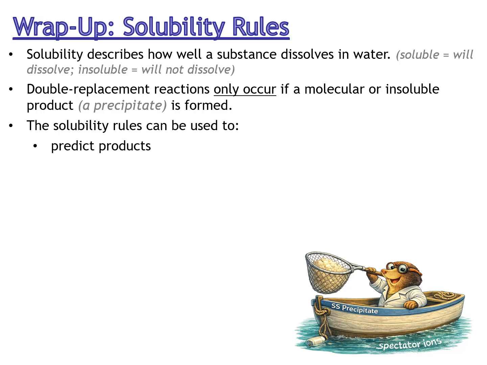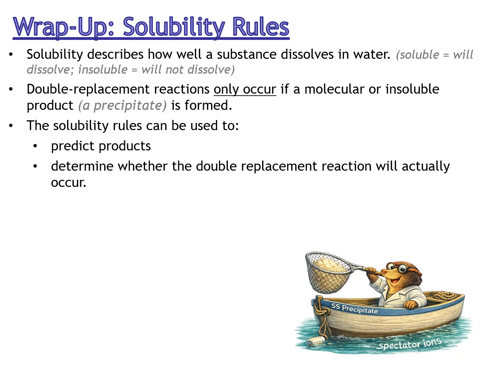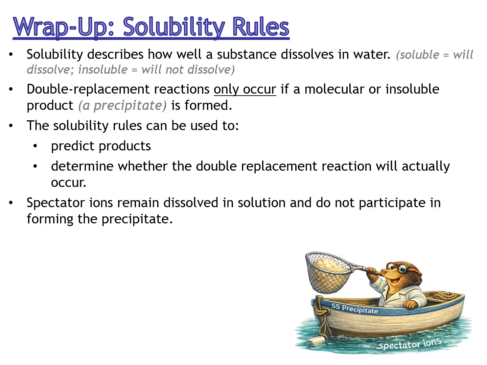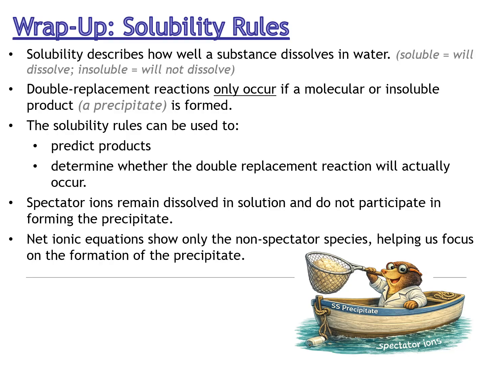Solubility rules can be used to predict the products and determine whether a double replacement reaction will occur at all. And then we had a definition. Spectator ions are the ones that start out aqueous and they stay that way. They do not form a precipitate. They're just watching what's going on. And then net ionic reaction equations show only the parts that are actually doing something. So we're leaving out the spectators. And that's because that's the part that actually did something interesting.